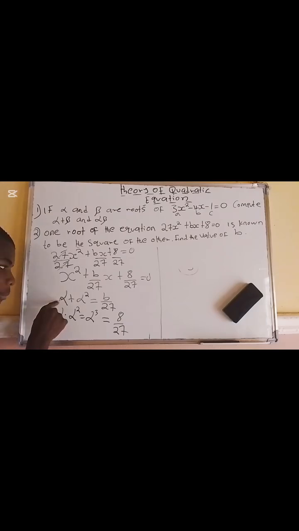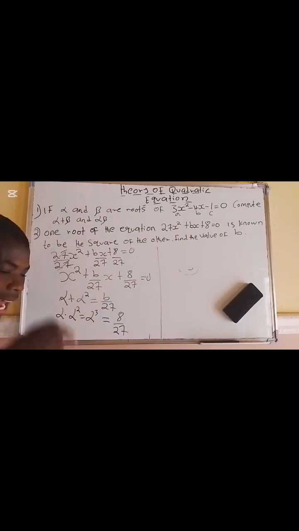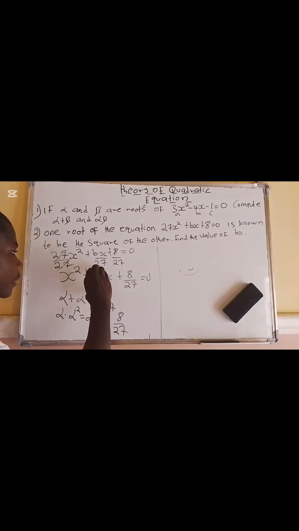I just say let alpha and alpha squared be the roots, and therefore alpha multiplied by alpha squared gives alpha cubed. You can use anything else, but I just name these roots in order to find the value of b.